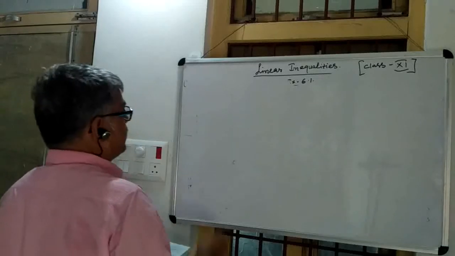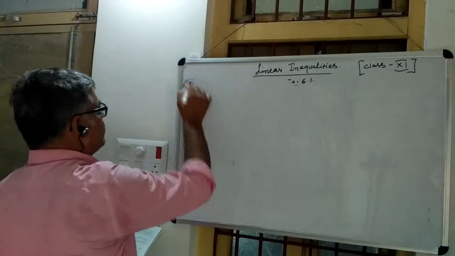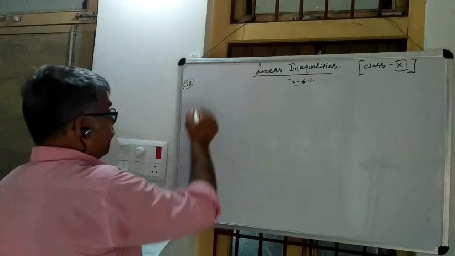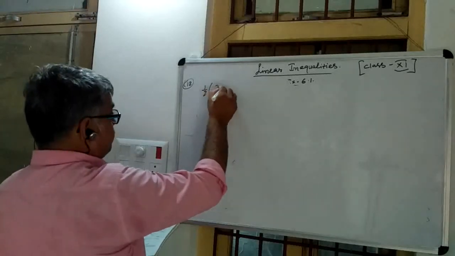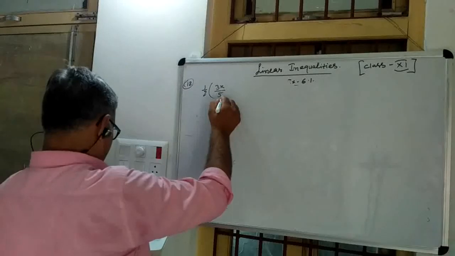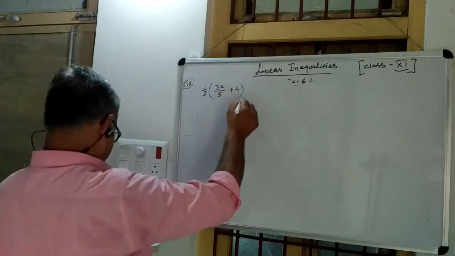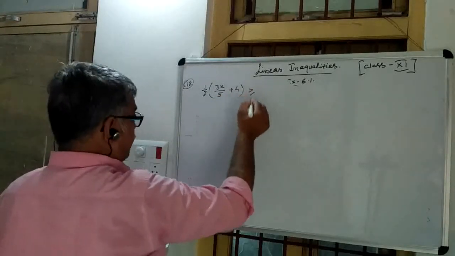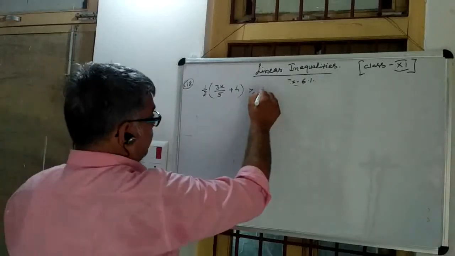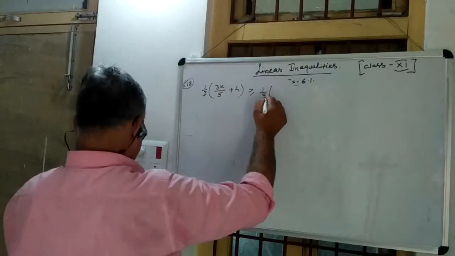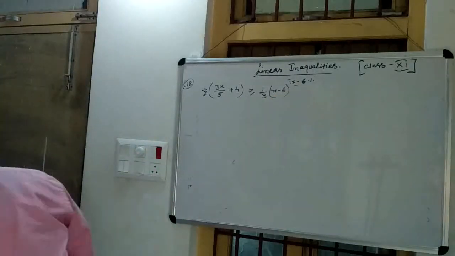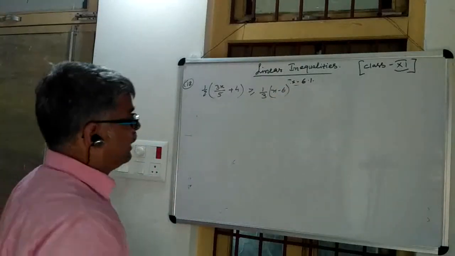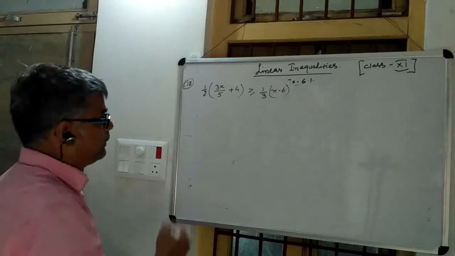The 12th question is: 1 by 2 into 3x by 5 plus 4 is greater than or equal to 1 by 3 into x minus 6. This is the question. So students, let's see how it can be solved.